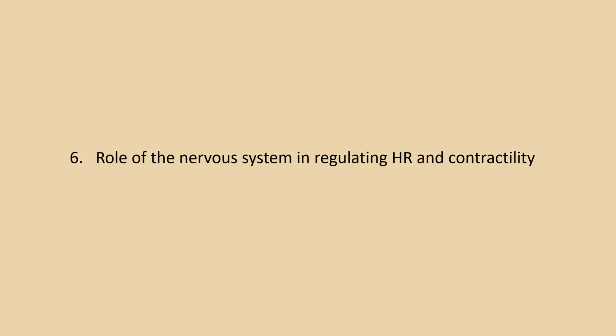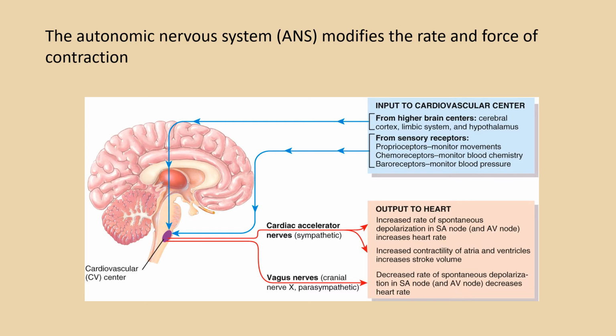As you recall from our coverage of the nervous system, your heart rate and contractility are influenced by the autonomic nervous system. I hope this diagram looks familiar to you because we used it as an example of an autonomic reflex in our coverage of the nervous system.